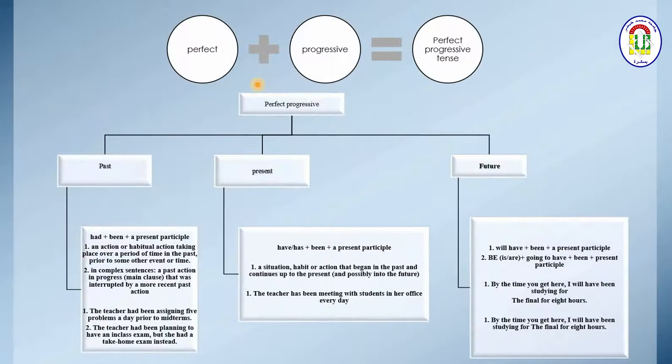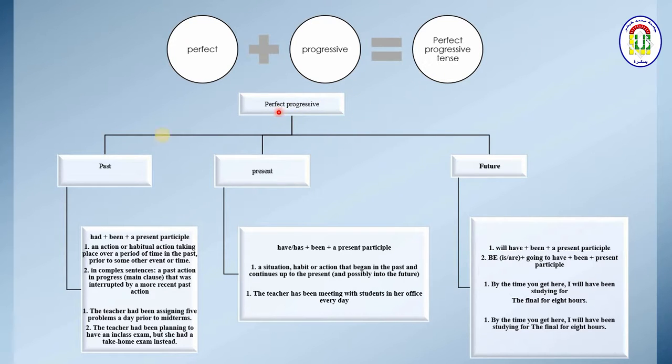Let's see it together. Here we have seen the perfect tenses and progressive tenses, but we have another tense. What is it? It is a combination of perfect tenses with progressive tenses to form the perfect progressive tenses. Let's see how.